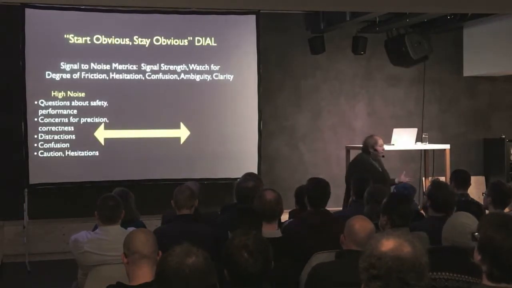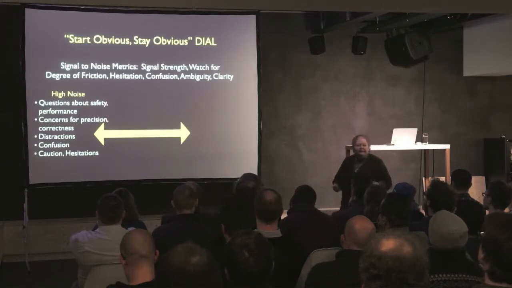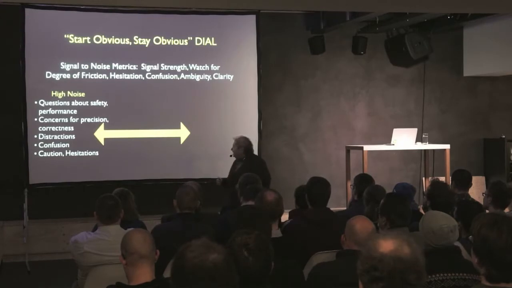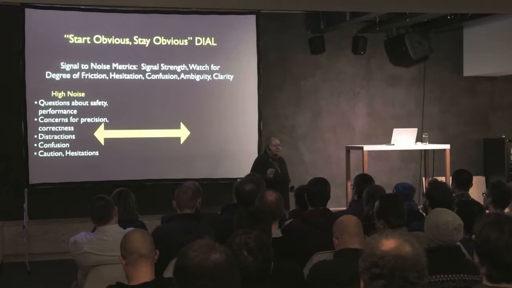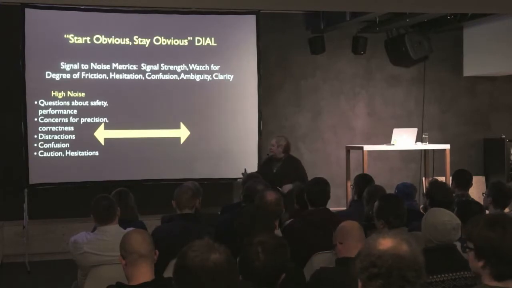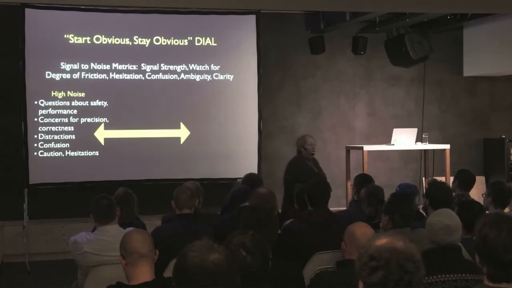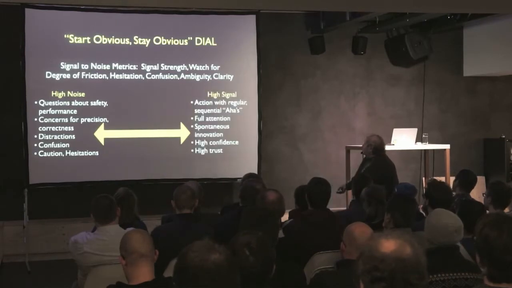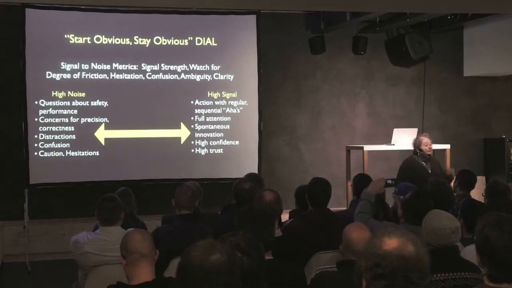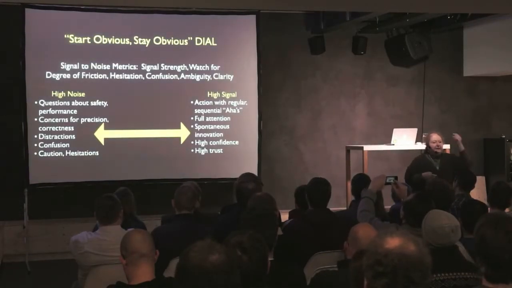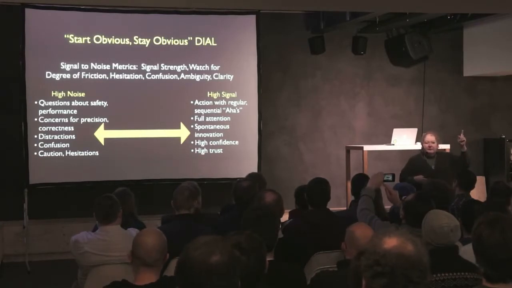So we know we've got a lot of noise, a lot of static in our signal if we're getting questions about safety or concerns about how precise should this be as opposed to just doing it. Anything that's distracting and confusing. And when the signal is high, we see people doing things and regularly getting those moments, right?